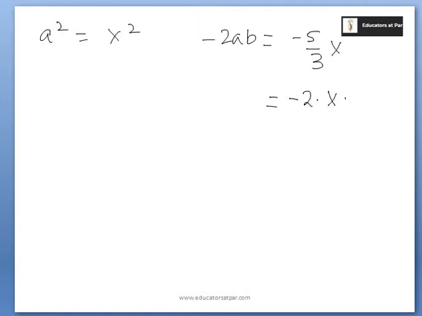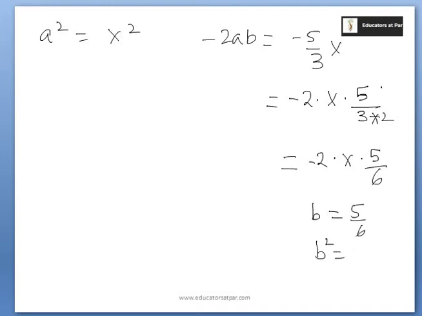We are multiplying 2 to the numerator, so multiply 2 to the denominator also. So this becomes 5 divided by 3 times 2, that is negative 2 multiplied by x multiplied by 5 by 6. So our b is 5 by 6. b square will be 5 by 6 square, which is 25 over 36.